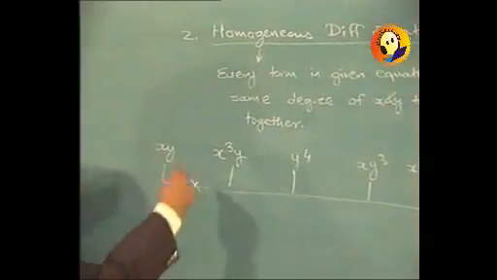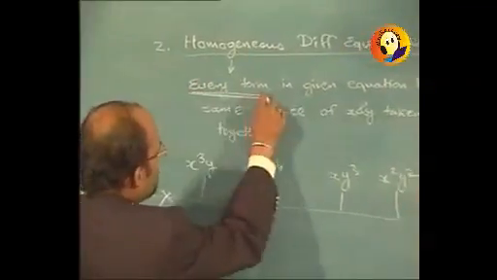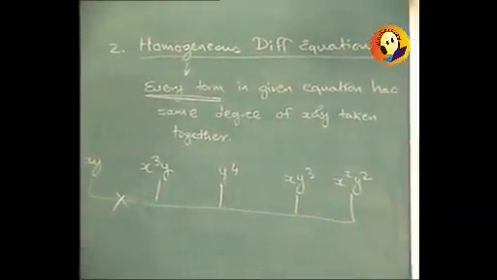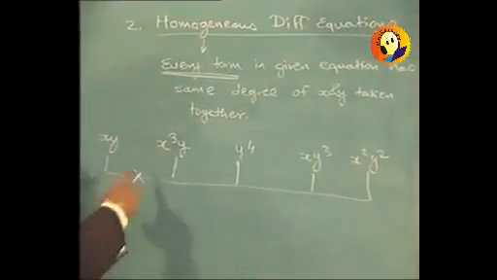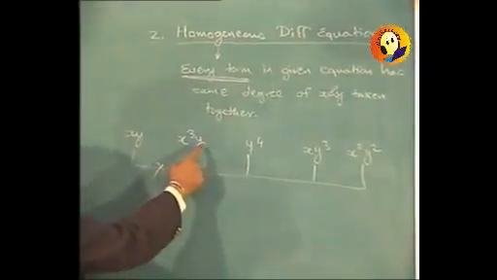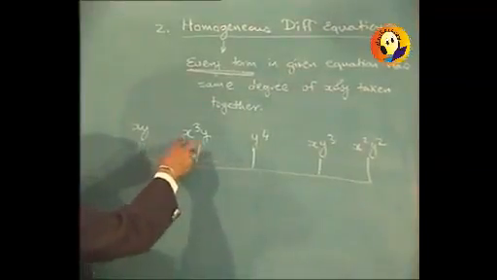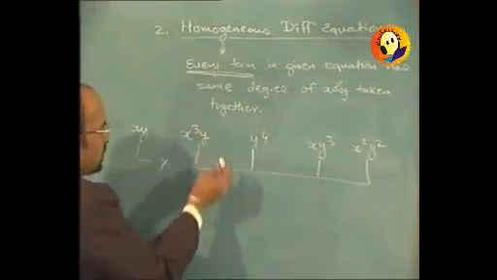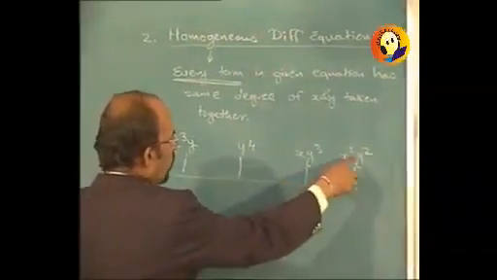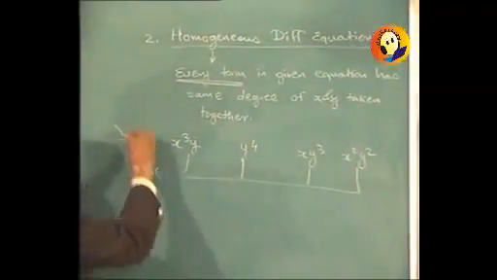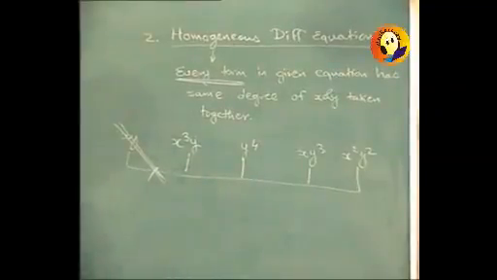So every term in the given differential equation should have the same degree of x and y taken together. It is not that the power of x should be equal to the power of y. It should be the addition of x and y powers, that is 3 plus 1, 4. Here it is 0 plus 4, 4. 1 plus 3, it is 4. 2 plus 2, it is 4. And this is not the term belonging to it.